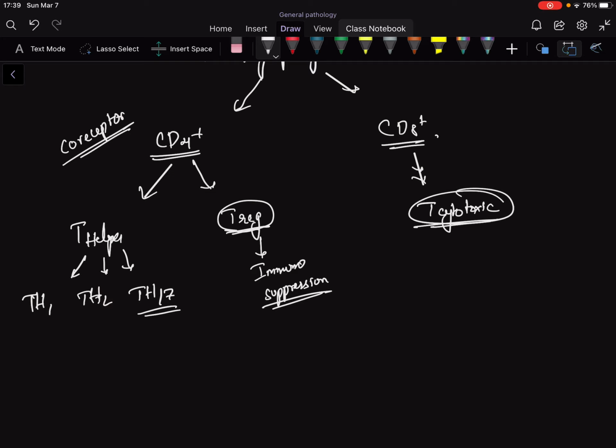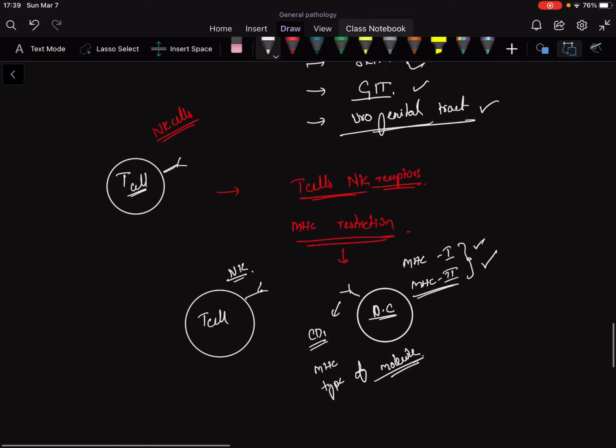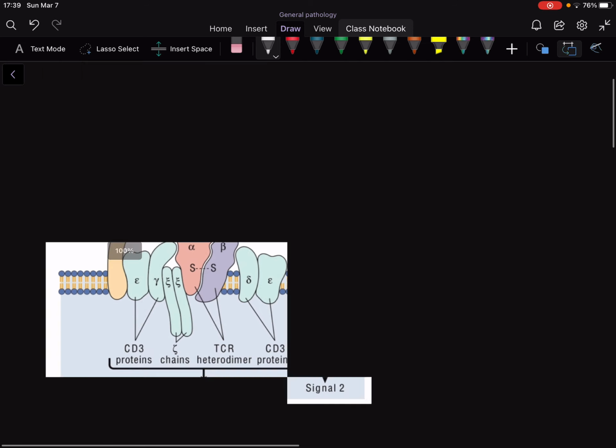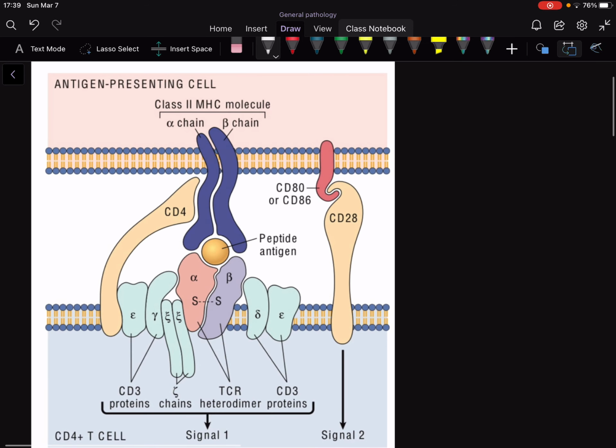So that was about T cell receptors. Now we will take a look at the image here as discussed earlier. This is the antigen presenting cell, which is the dendritic cell. The dendritic cell has either MHC class 1 or MHC class 2.